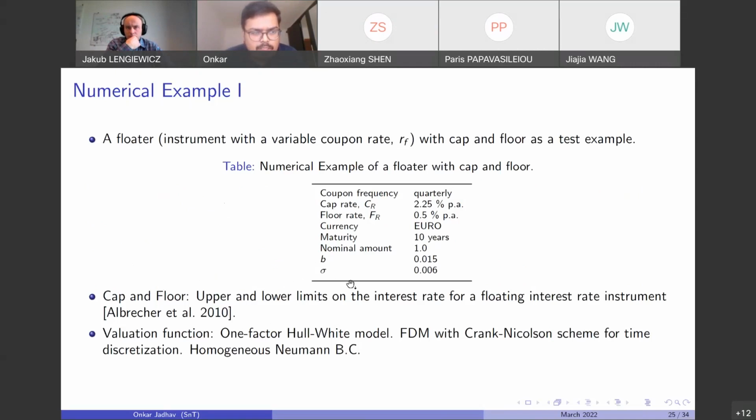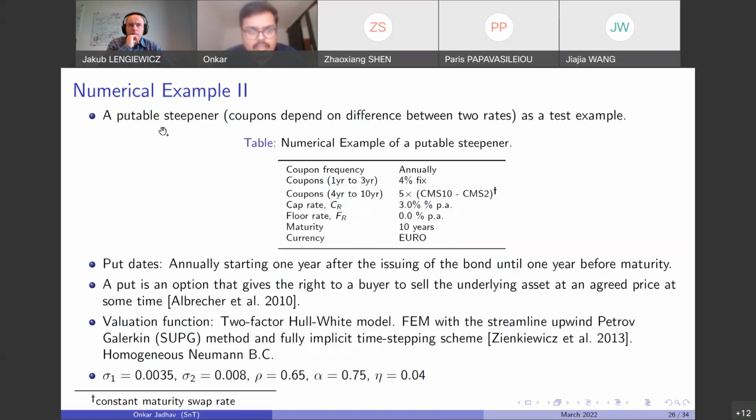I've solved this particular example using the one-factor Hull-White model, which is discretized using the finite difference method with the Crank-Nicolson scheme for time discretization. The second numerical example is a putable steepener. A steepener is an instrument whose coupon depends on the difference between two rates.